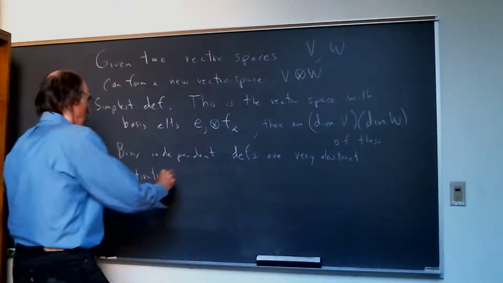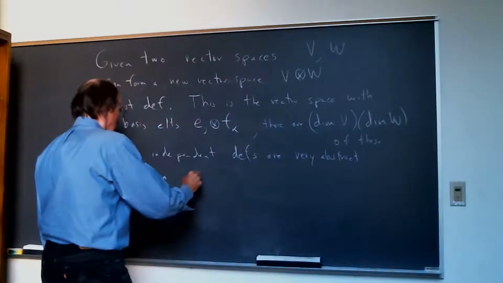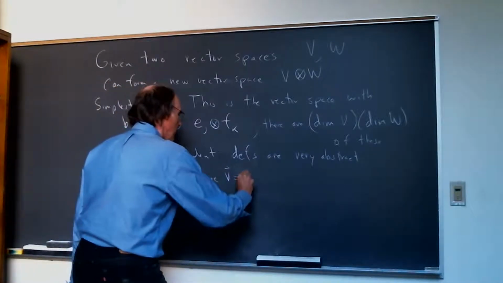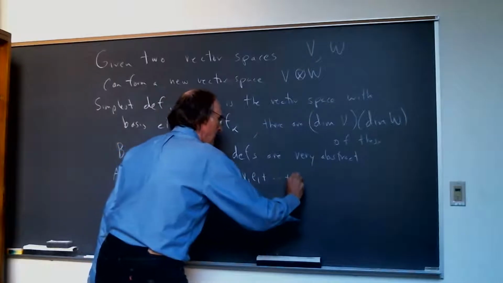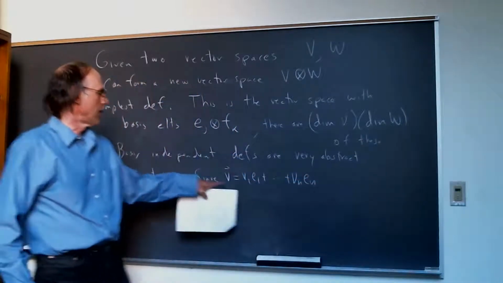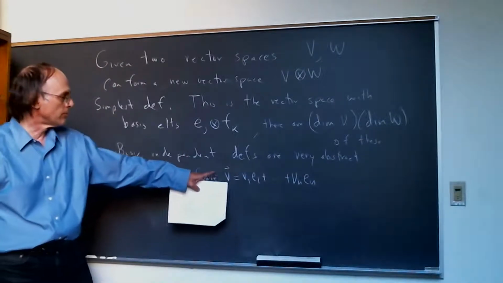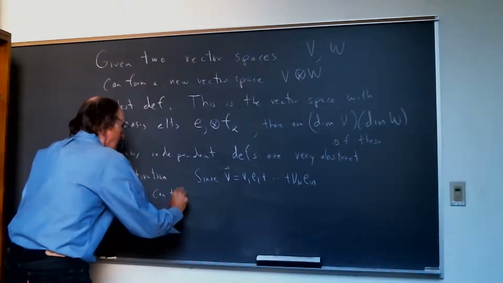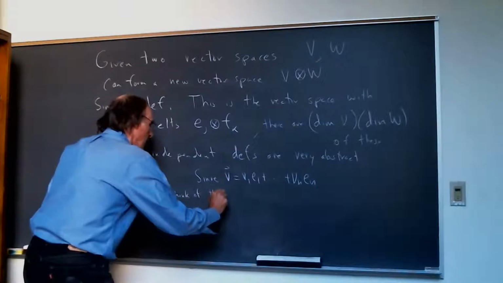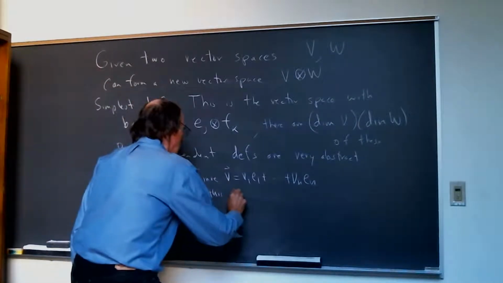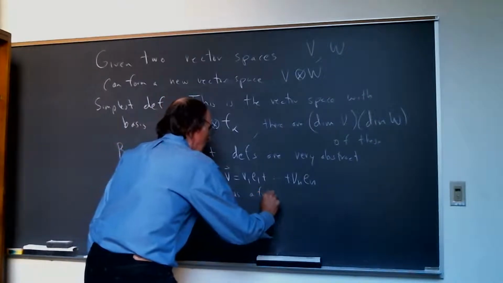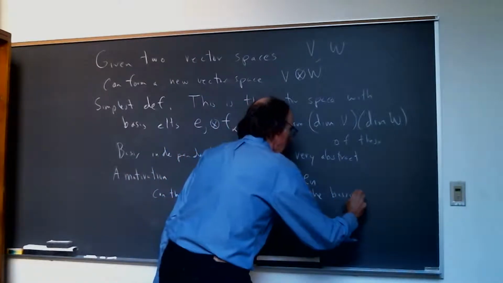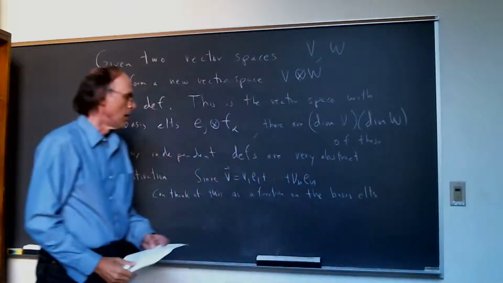So since a vector v is equal to v1 e1 plus and so on up to vn en, if you write out a vector with respect to a basis, then you can think of this as a function on the basis elements, on the set of basis elements.